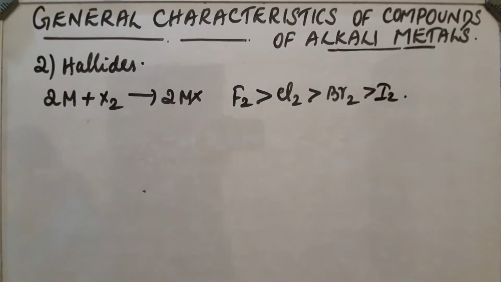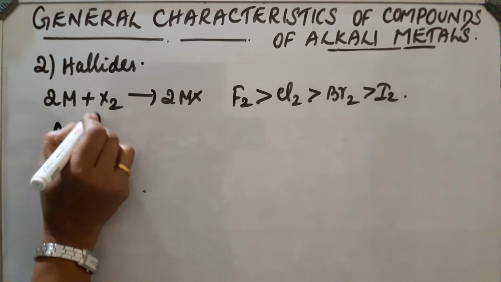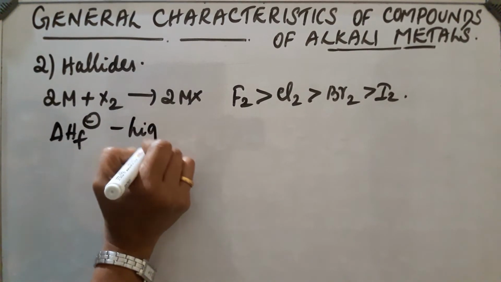Halides can also be prepared when the appropriate oxide, hydroxide or carbonate reacts with aqueous HX, that is hydrogen halide. All halides have high negative enthalpy of formation, that is the delta H f value is highly negative.